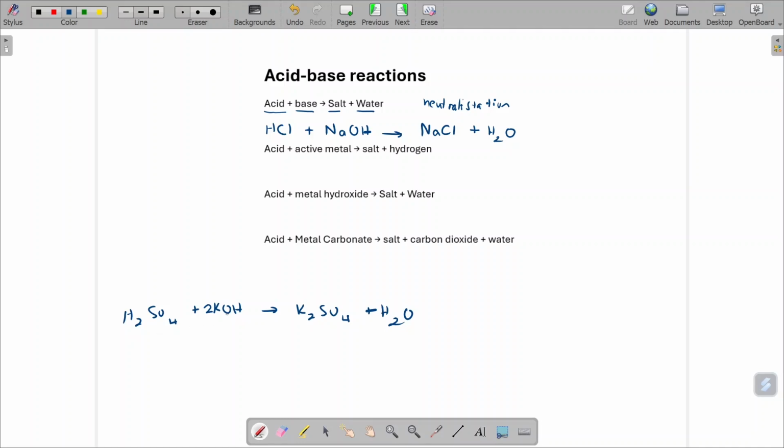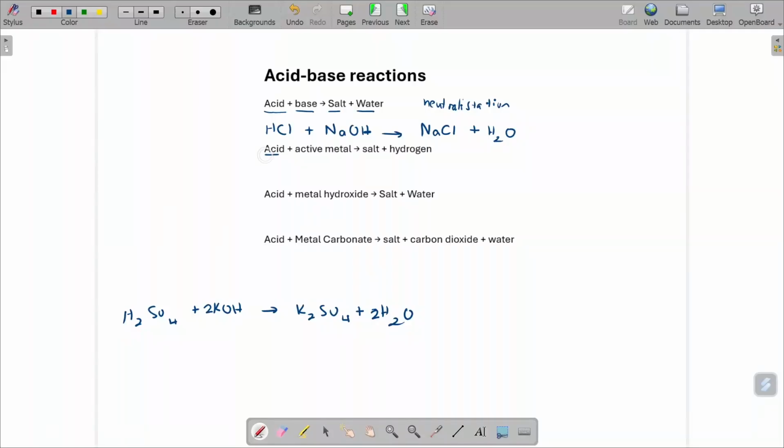We will have 2 oxygens on the left and 2 plus 2, in other words, 4 hydrogens on the left. So for this to balance, we have to add a 2 in front of the water. And now our reaction is balanced. Right, so that's the first kind of reaction. Acid and a base gives you salt and water.